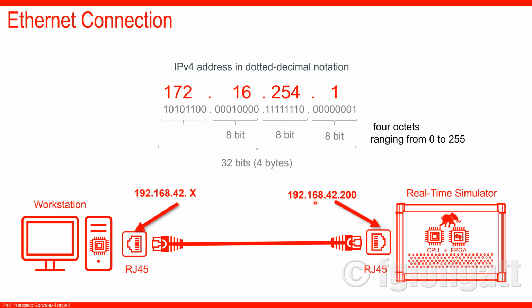Well, that is very important, because if the workstation and the real-time simulator have this set of IP addresses, they will be able to connect to each other, okay?